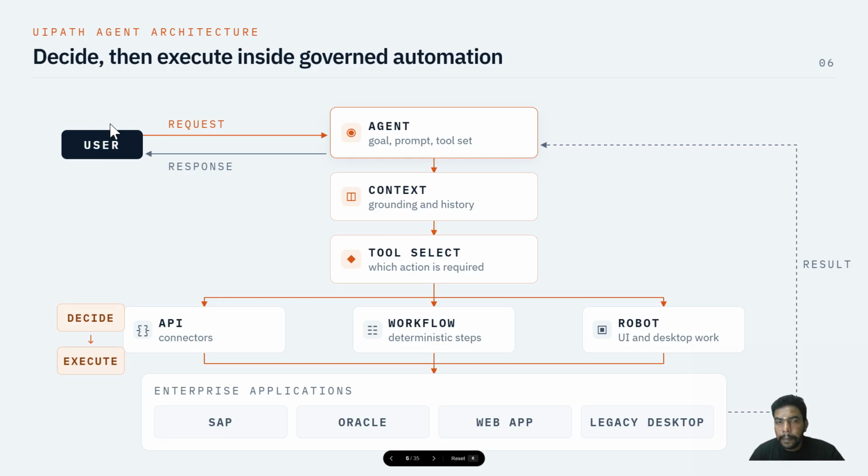A UiPath agent takes a request, assembling the context, with grounding and history, decides which tool it needs, and then reaches into one of three execution paths: an API through a connector, a workflow, or a robot driving an application directly.